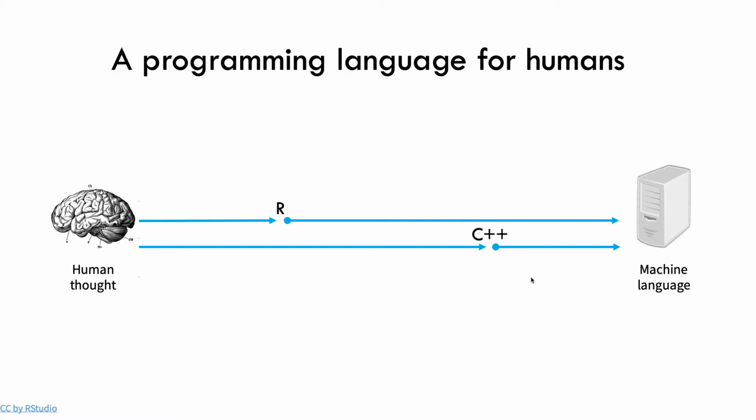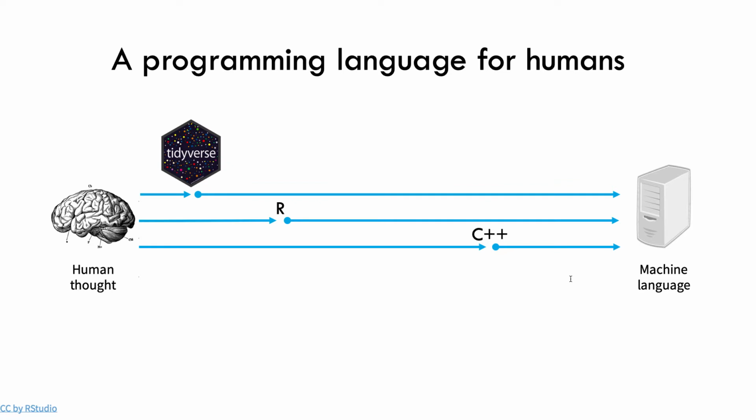So for these specific purposes of statistics and data analysis, it actually is really excellent, and it's much more human-friendly than C++. The Tidyverse takes this even further and provides a number of very simple and consistent language idioms on top of base R that each do one specific task well, for example, loading data from a file or plotting a graph.